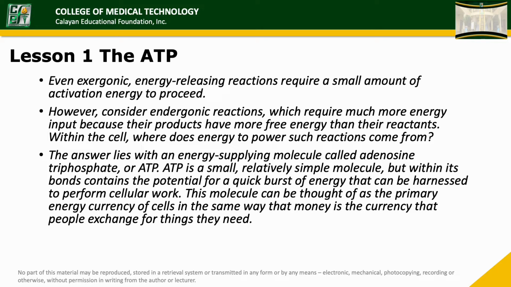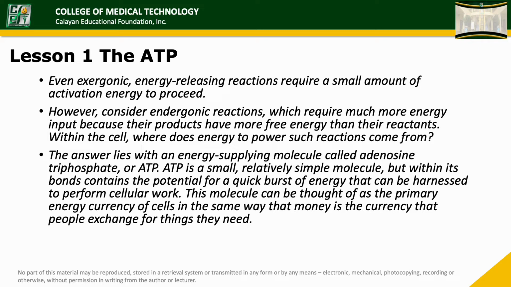You have to remember that by definition, ATP is the usable energy of the cell. When we speak of the usable energy of the cell, that means it serves as a currency of energy within the cell. Thus, the different activities of the cell will only be powered by adenosine triphosphate, or ATP.